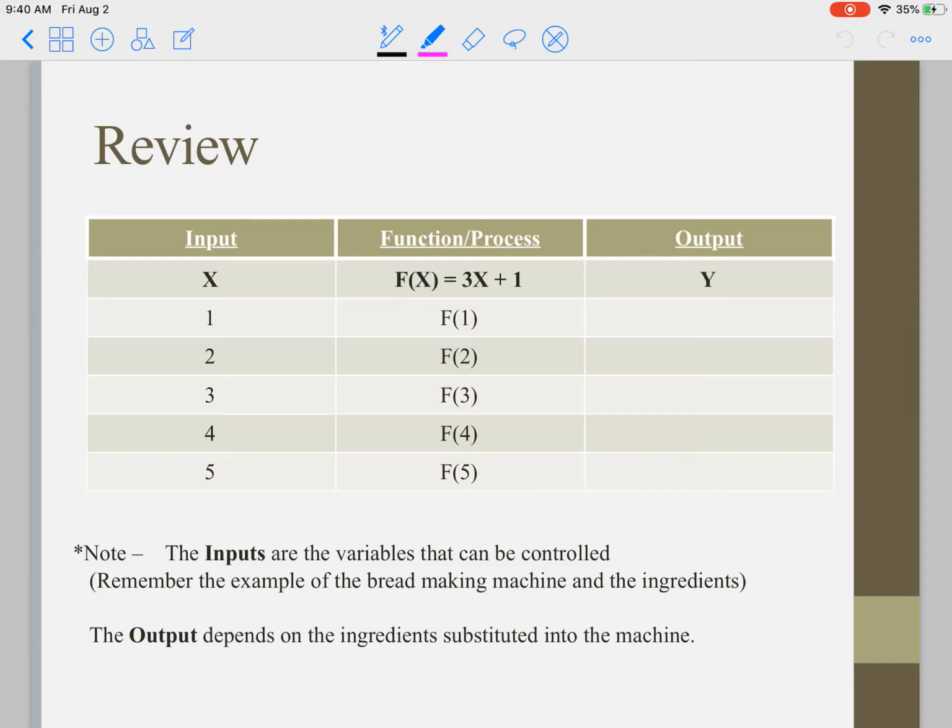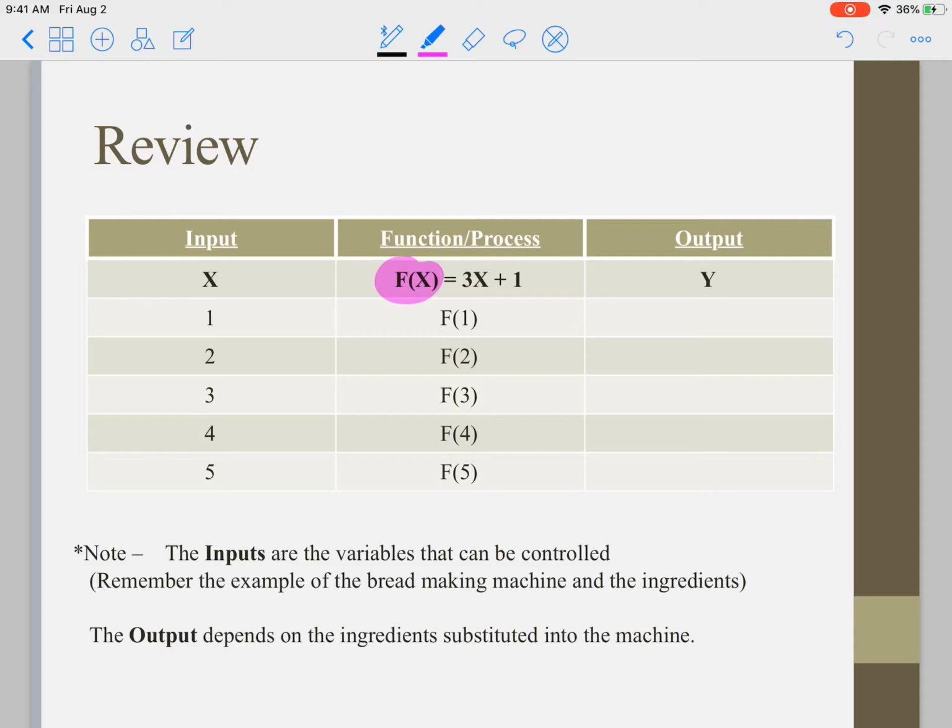If we're given a chart such as this one, and we have our x's, we call that our input, and we have our equation, f of x is equal to 3x plus 1, and I guess I should be more specific, more technical. If it has f of x right here, then it's a function, not an equation, but that's just terminology.